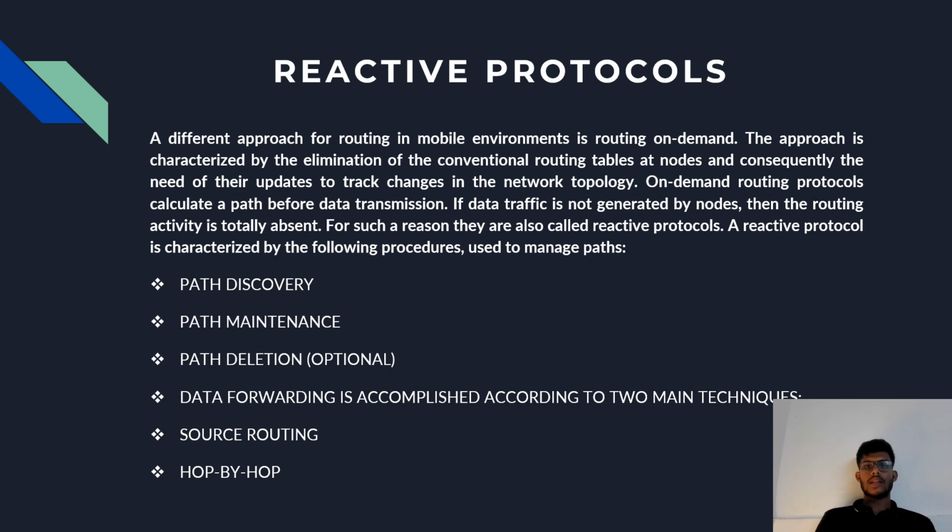For such a reason, they are also called reactive protocols. A reactive protocol is characterized by the following procedures used to manage paths. The first one is path discovery, the second one is path maintenance, the third one is path deletion, and the fourth one is data forwarding, which is accomplished according to two main techniques: source routing and hop by hop.